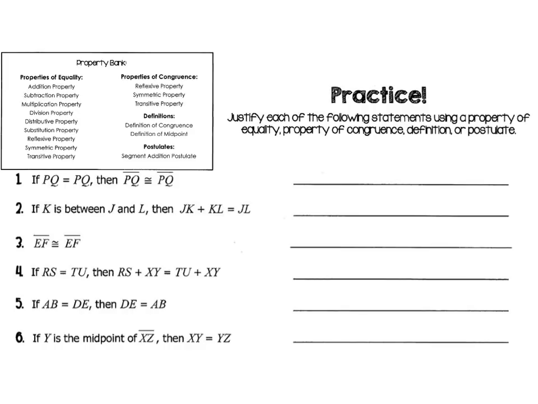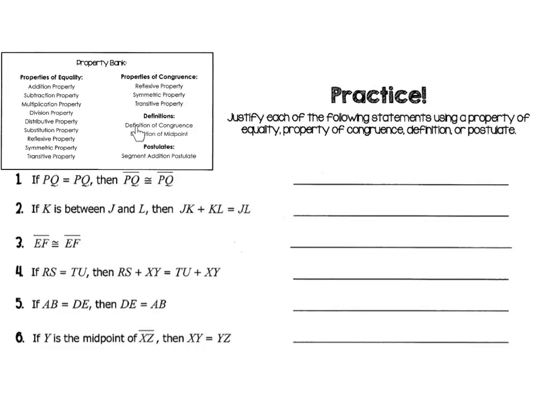If the measure of PQ equals the measure of PQ, then segment PQ equals segment PQ. Right off the bat, you would think this is reflexive property because PQ equals PQ, therefore segment PQ is congruent to segment PQ. But this is not reflexive property. We have to be careful because what we're saying is that if the measures are equal, then the segments are congruent.